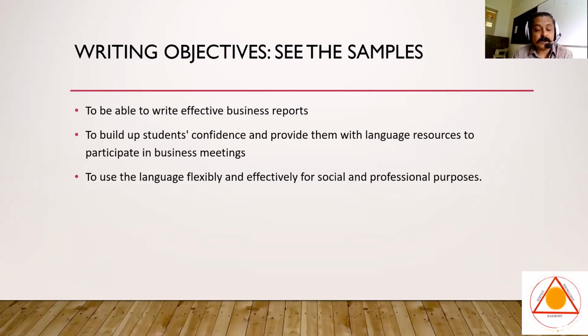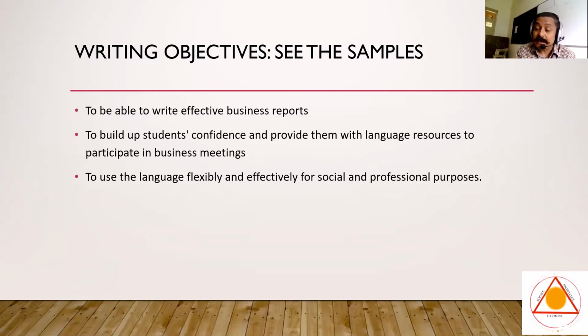Now, look at the second part. Shruti says it's an objective. Provide them with language resources to participate in business meetings. Now, what are the language resources? Multiple. It's not just one. You can have many. It starts from greetings and how you end the meeting and how you make presentation, how you answer the questions.